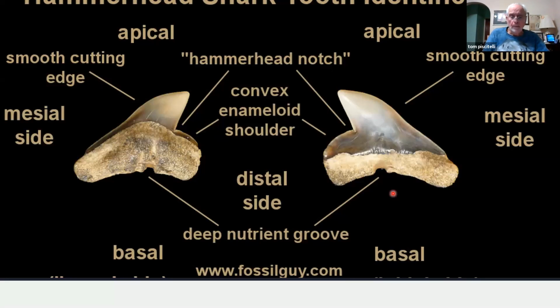If you said it's the lingual side, you would be right. The labial or display side, which is what you would see if the shark was attacking you, is on the right. Next picture, please.